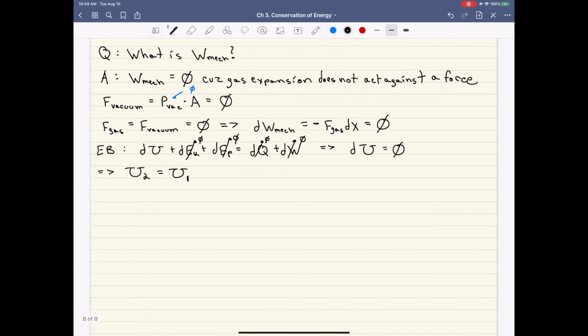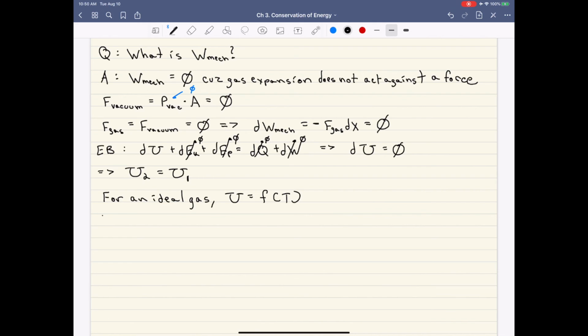All right? So that's what happens in free expansion. And we could extend this argument even further, because let's say we're dealing with an ideal gas. For an ideal gas, we know that the internal energy is only a function of temperature. That's the only thing that will be able to change it.